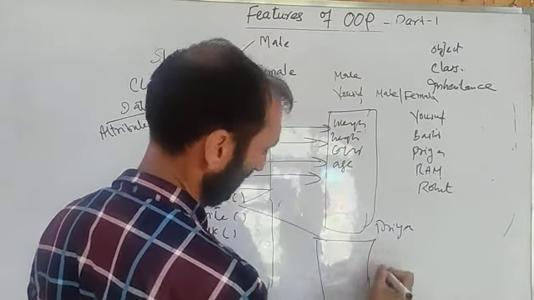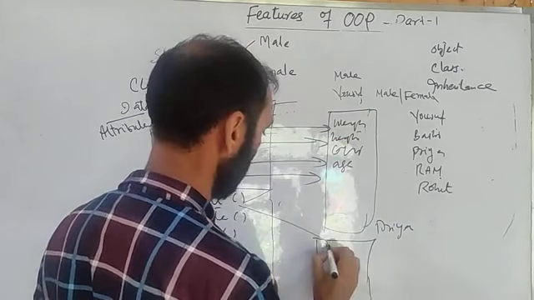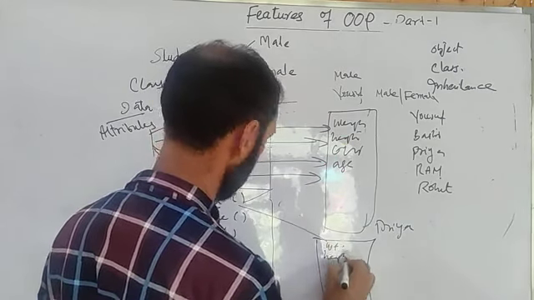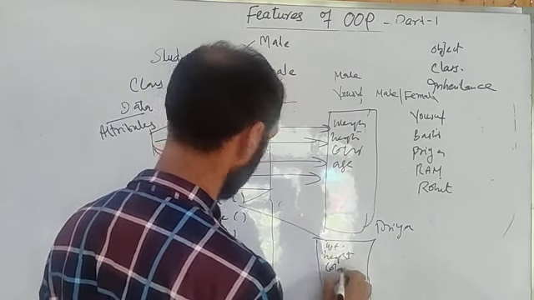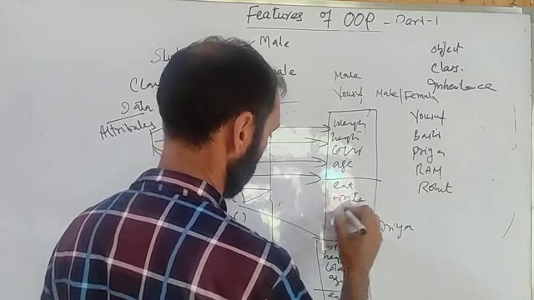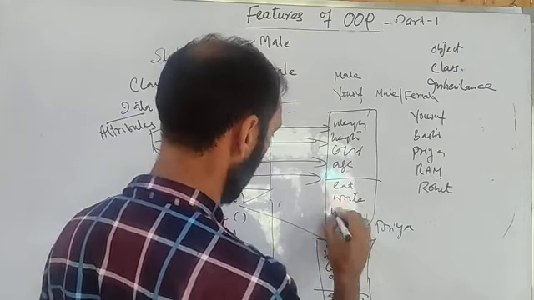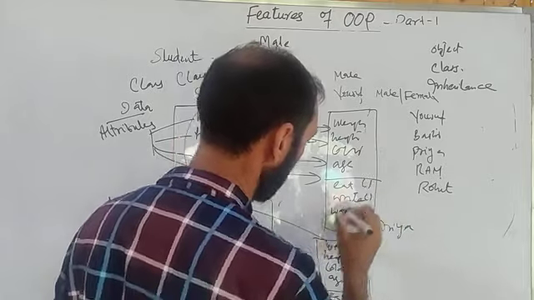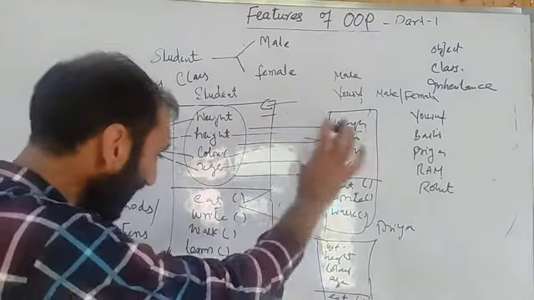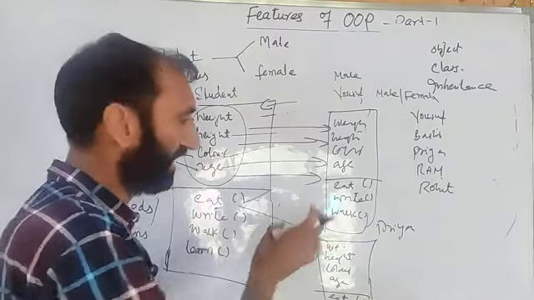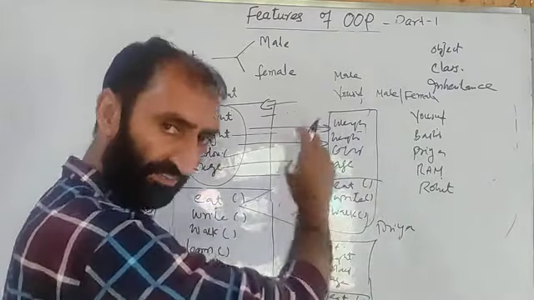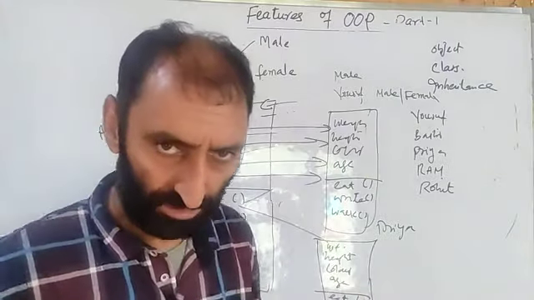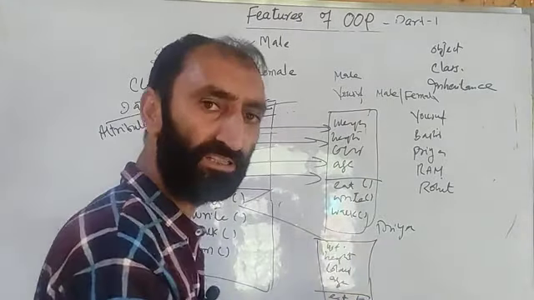Here Priya can also have weight, height, color, age, and also functions eat, write, walk, etc. We know that it is better to reuse these properties instead of defining them again in this class.